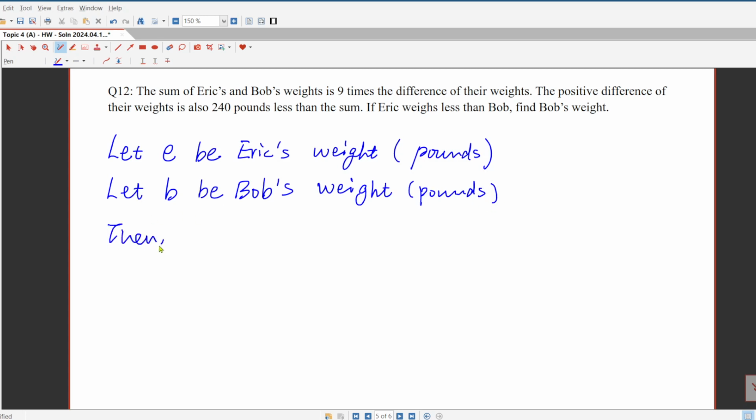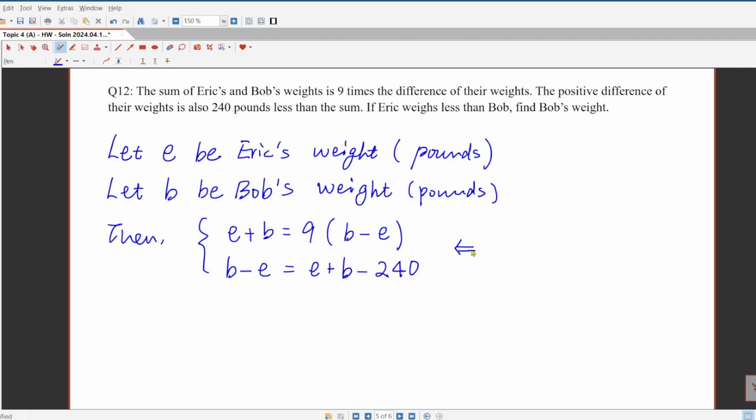Then according to the given information, we have the sum E plus B equals 9 times the difference between B and E, right? Because Eric weighs less than Bob, so B is larger than E. And B minus E equals E plus B minus 240, right?